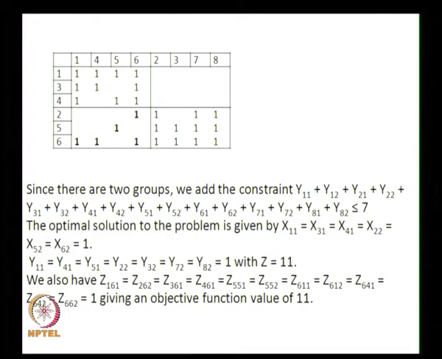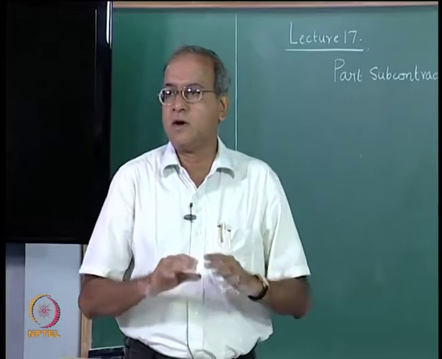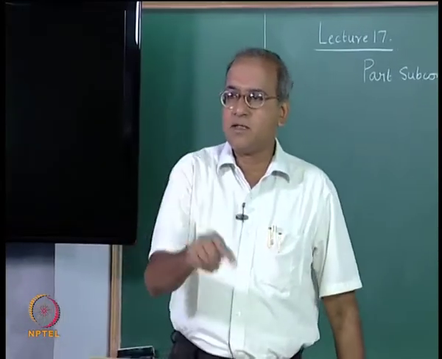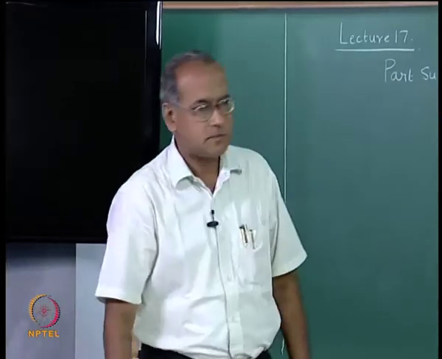So, we try to modify the Bochter's formulation in such a way that we include part subcontracting into the formulation and we can try and solve it, rather than solve it without part subcontracting, and from the optimum solution or solution using any algorithm we try and identify which are the parts to be subcontracted.